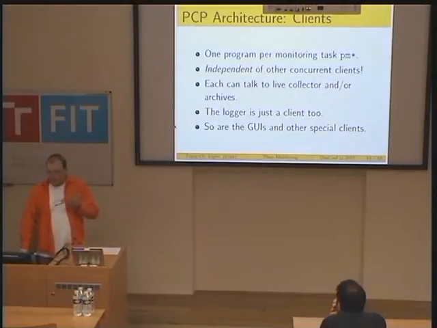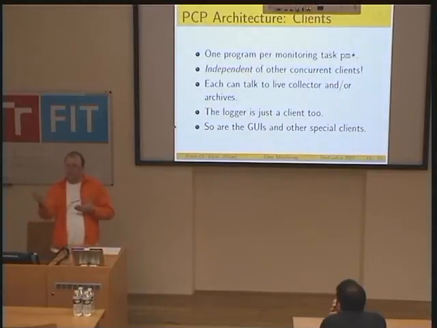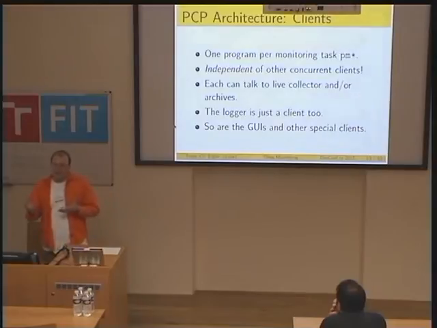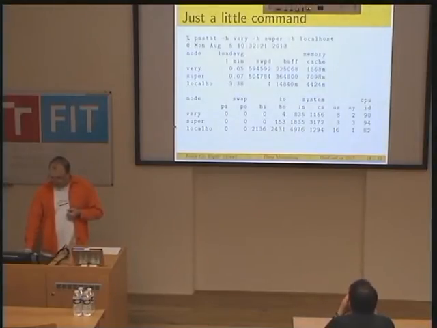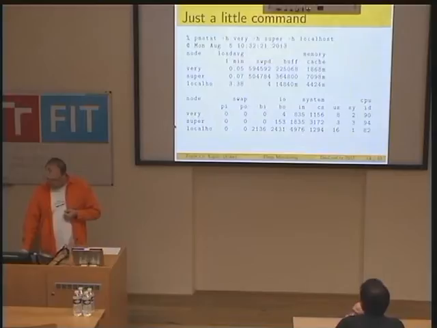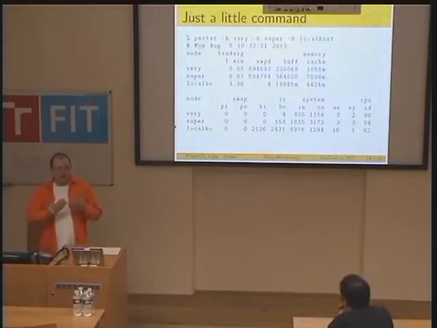Well, with this one, the same data that iostat would print out for the local machine, this will give it to you for any remote machine you have access to, as well as any historical data you have from any of those machines, and with just a few different command line options. And so, for example, pmstat is just a little vmstat impersonator, but it uses the PCP infrastructure to make remote connections.